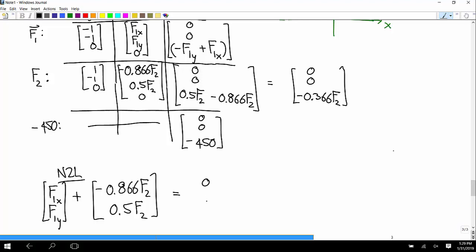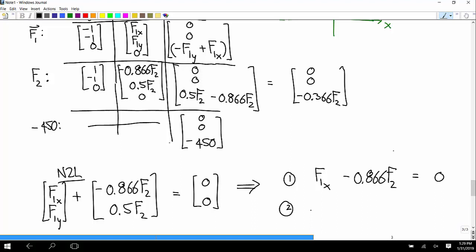And it's static, so that's equal to 0, no acceleration. So we have a first equation that says f1x minus 0.866 f2 is equal to 0. The second equation says f1y plus 0.5 f2 is equal to 0.